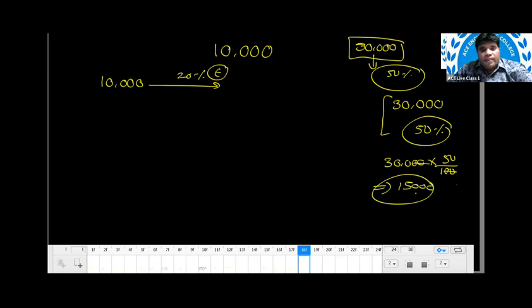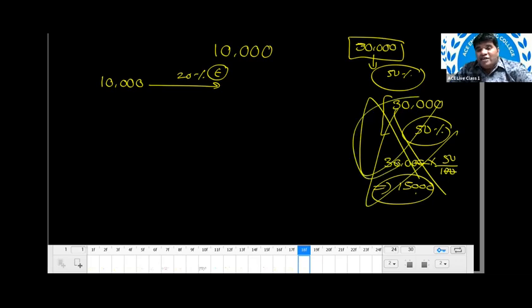Okay, Anita? Yes, sir. But every time this type of calculation is not necessary. That is a childhood method. Directly you can know in a 10,000, 20% means: generally 10% means one zero cancels, it is 1,000, so double, 20% is 2,000.